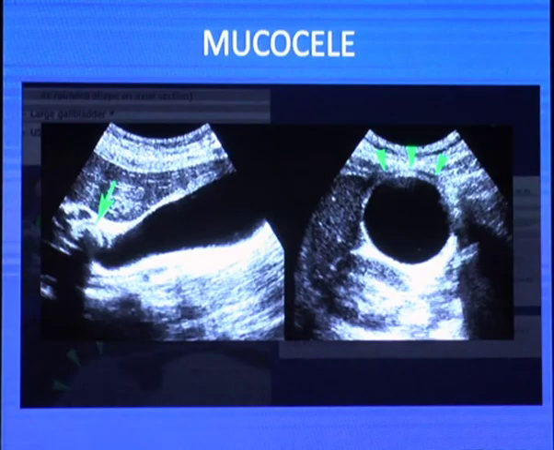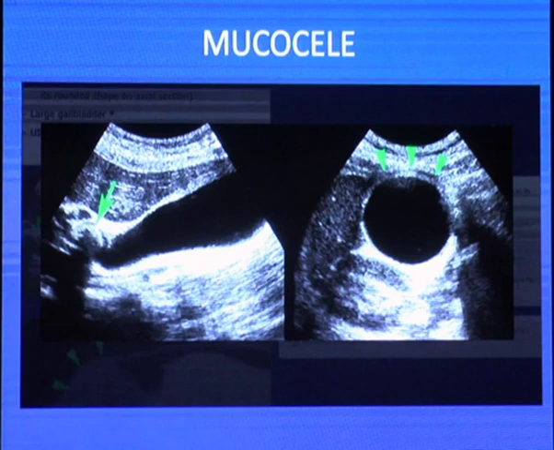What is a mucocele? Mucocele is basically due to chronic obstruction of gallbladder at the level of cystic duct, which results in distension of its lumen with mucin, which is basically a sterile, non-pigmented fluid. Here we can see there is an echogenic focus, basically a calculus with shadowing in the cystic duct, which has resulted in distension of gallbladder.